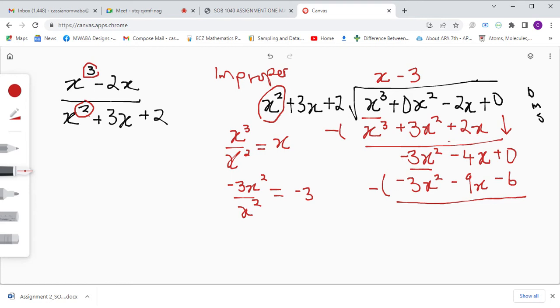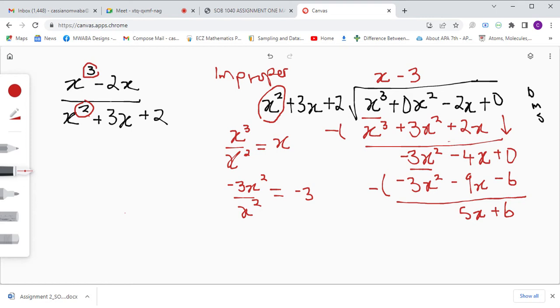Negative 3 minus negative 3, we get 0. Negative 4 minus negative 9, that's the same as negative 4 plus 9x, because negative and negative make positive. Remember that in integers. So negative 4 plus 9x, we get positive 5x. Then 0 minus negative 6, this negative and negative makes it positive, so we get positive 6.